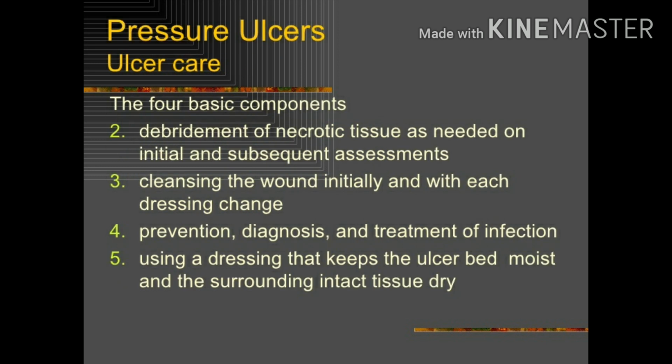There are mainly 4 basic components of pressure ulcer care: debridement of necrotic tissue as and when needed, with subsequent assessment; cleansing of the wound initially and after each dressing change; prevention, diagnosis and treatment of infection; and using a dressing that keeps the ulcer bed moist and the surrounding area intact.